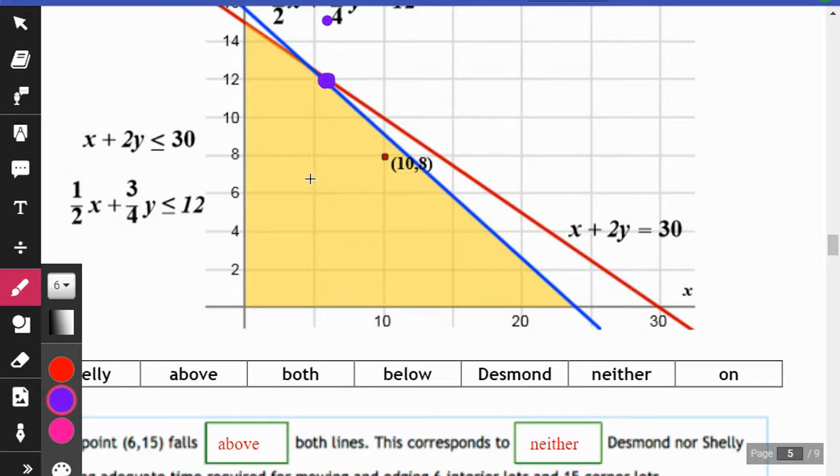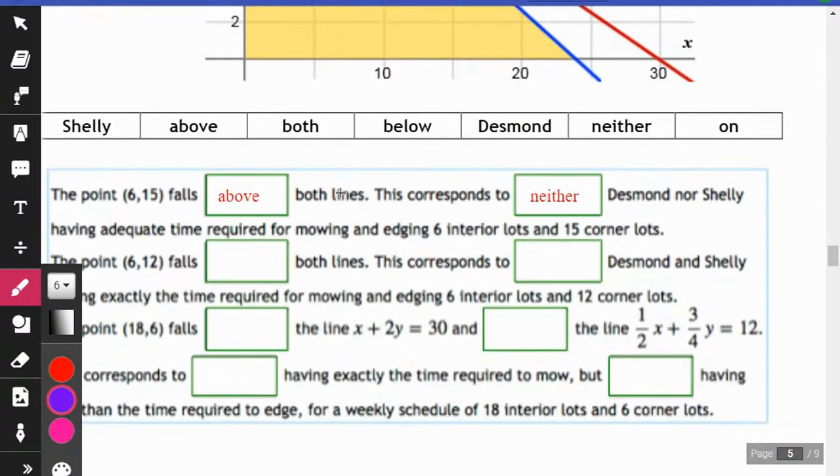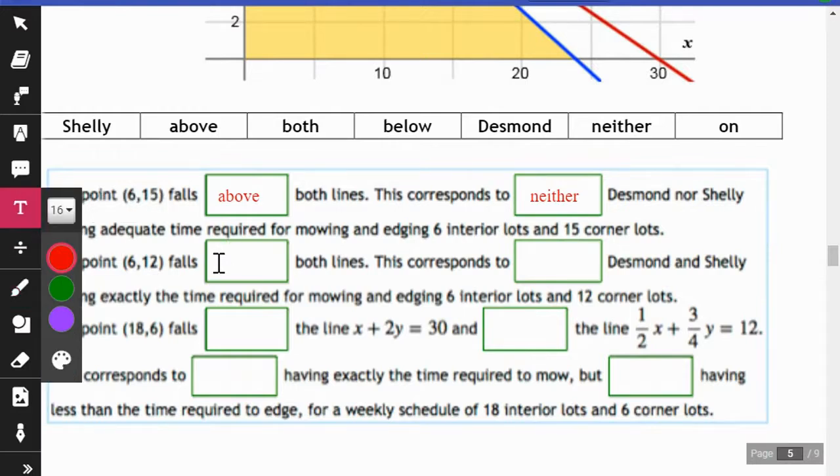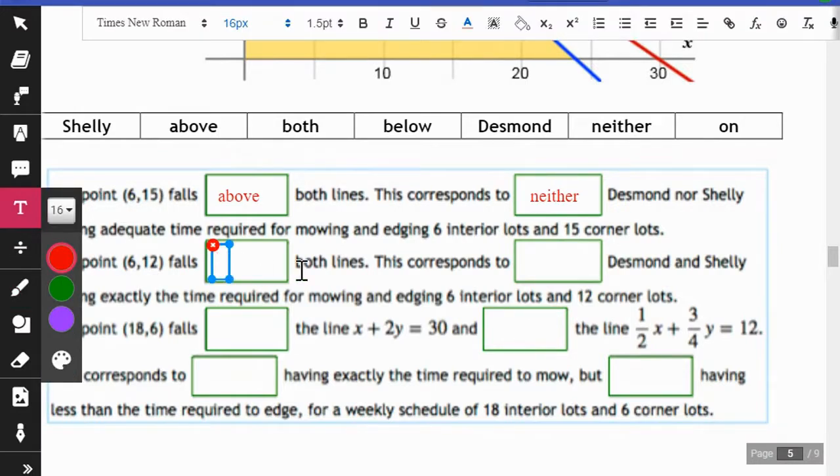It's on both of the lines. That's where the lines cross. This is a bad graph. So, bummer. All right, so it falls on both lines. Which means what? That means they're both working exactly 30 hours. Is that okay? Yeah, it works with both of them. It corresponds to both of them.